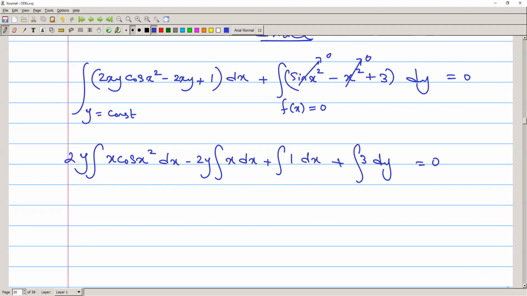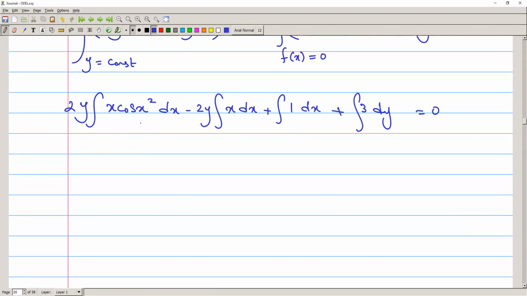is equals to 0. Now we can integrate this using the by parts rule, so it will be 2y into x sine x squared over 2x, or we can just simply use the substitution, which will be pretty easier for us.